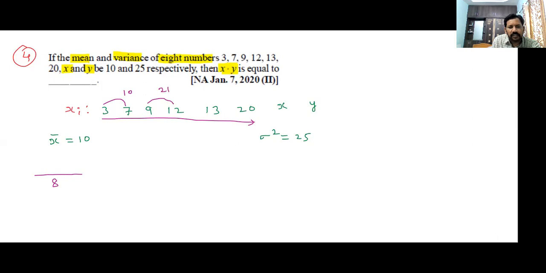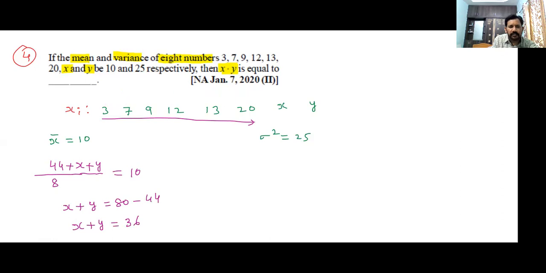This is 13, 20, these two, 33. 33 plus 21, 44. 44 plus x plus y is equal to 10 by 8. So what is x plus y now? 8 send right hand side, 80 minus 44. How much is this? x plus y is equal to 36. Is it correct? Yeah, 36 obviously.